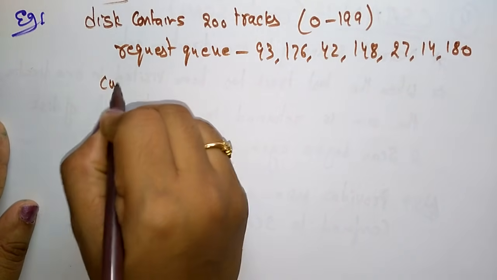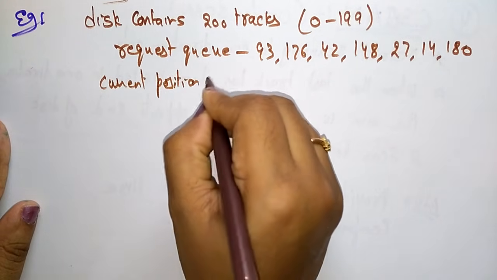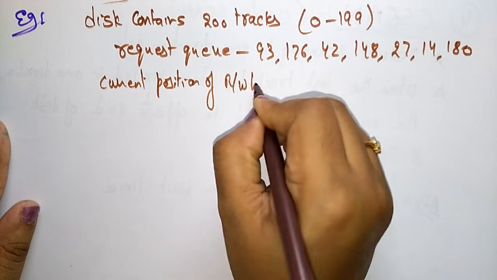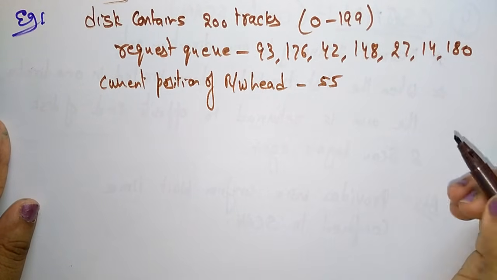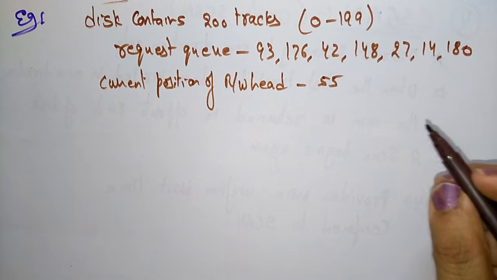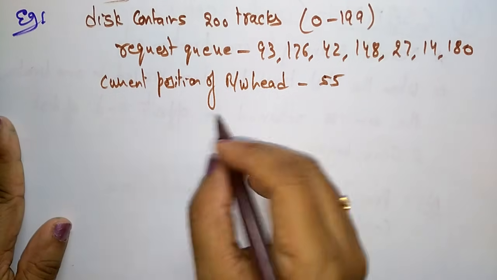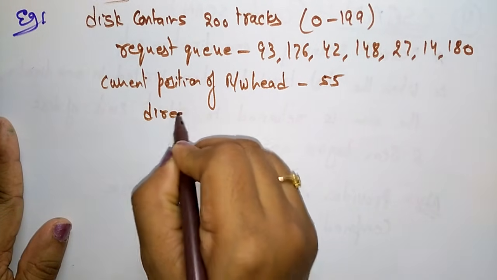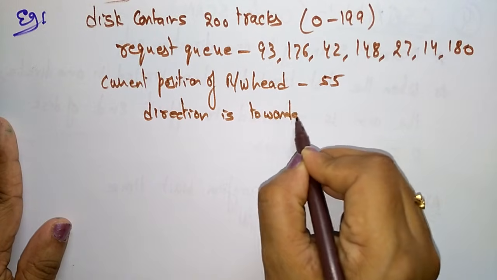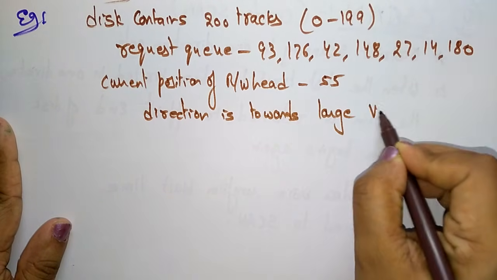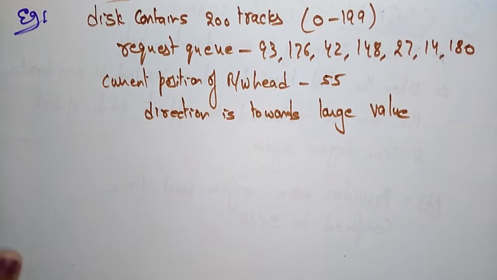The current position of the read-write head, that is the arm position, is starting at 55. I have to calculate the total number of track movements by the read-write head using CSCAN. The direction here is towards large values. Only for SCAN and CSCAN does the direction have to be mentioned.